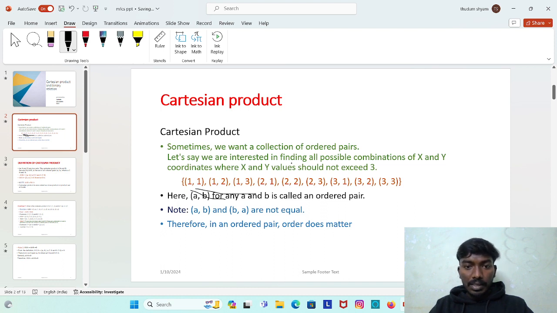Let's say we are interested in finding all the combinations of x and y coordinates where the values of x and y should not exceed 3. So let us consider a graph with an x axis and a y axis, containing the values 1, 2 and 3.